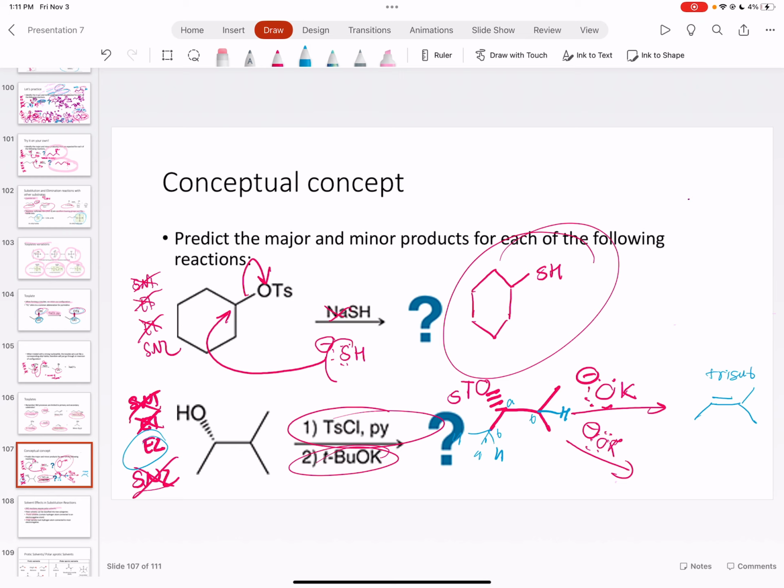And then if I were to remove one from here, in here we have a hydrogen, this one left, have this in here, and then this one, and this one.